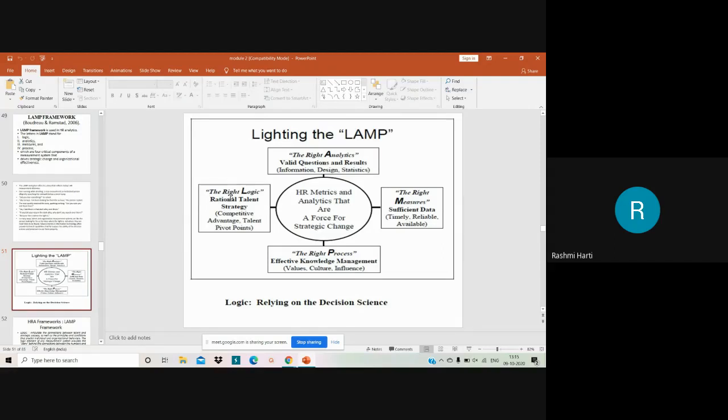So the logic element of any measurement system provides the story behind the connections between the number and the effects and the outcome. Now when you have the correct logic, you can define the story behind the numbers: why this data has come in, what is the effect of that data, and what would be the outcomes of that particular data. If you do not have the logic itself, you cannot build that particular connection.